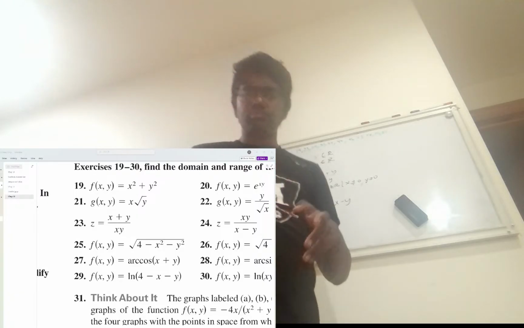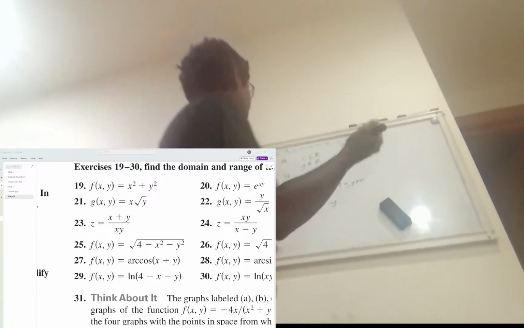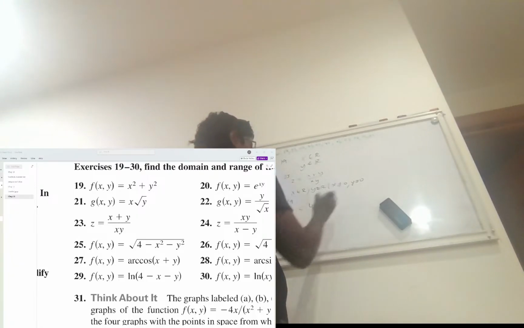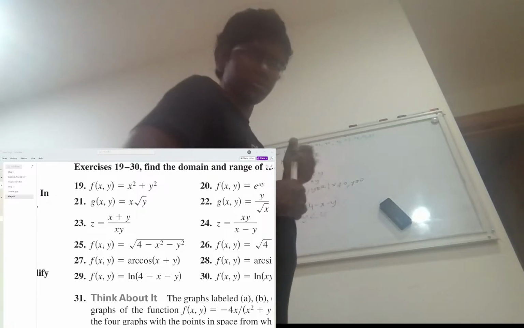Okay, pretty simple. It just has to be greater than 0. So that means that x plus y has to be less than 4. Cool. My marker's dying.